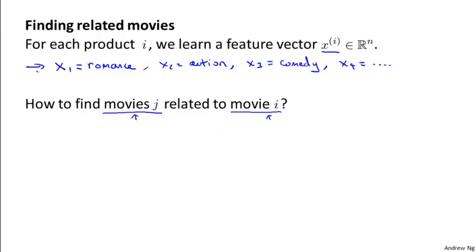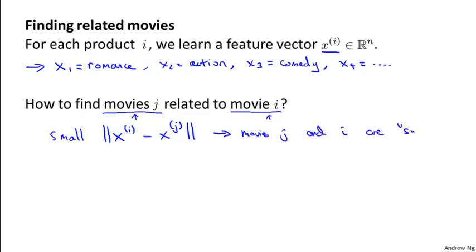So now that we've learned these feature vectors, this gives us a very convenient way to measure how similar two movies are. In particular, movie i has a feature vector xi, and if you can find a different movie j so that the distance between xi and xj is small, then this is a pretty strong indication that movies j and i are somehow similar, at least in the sense that someone who likes movie i may be more likely to like movie j as well.